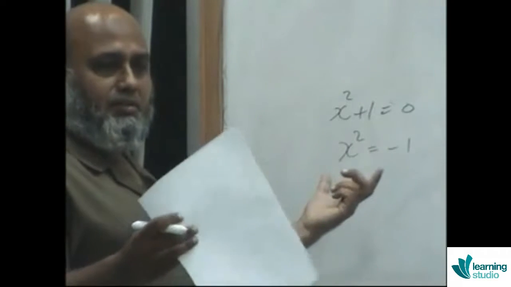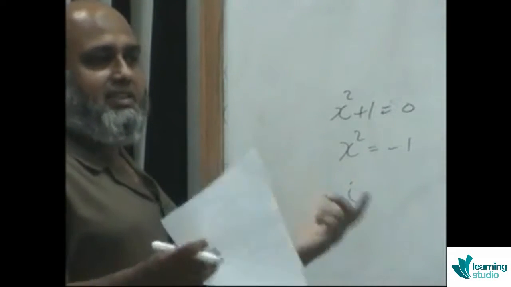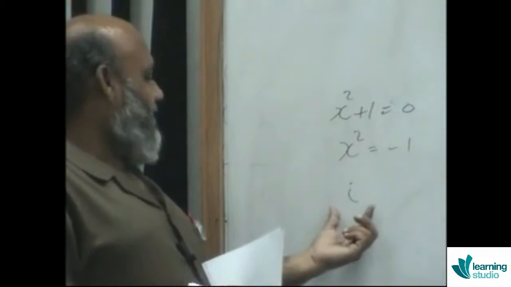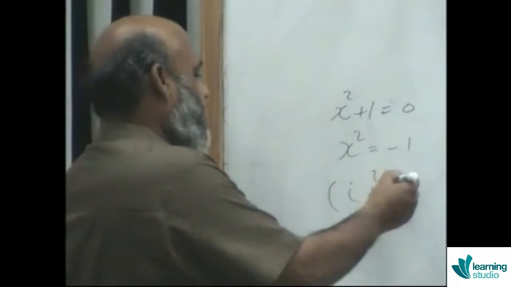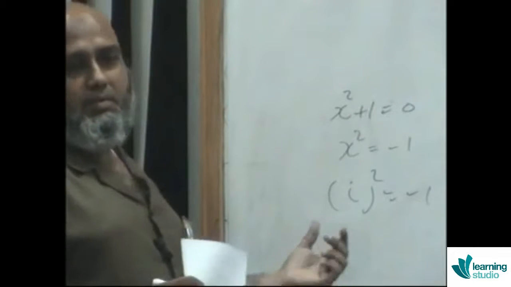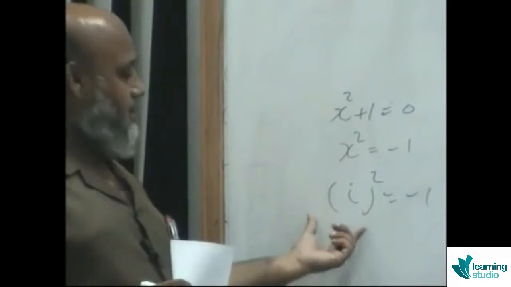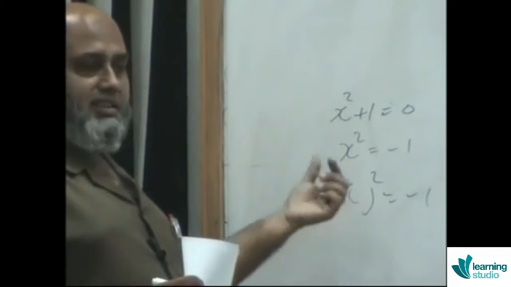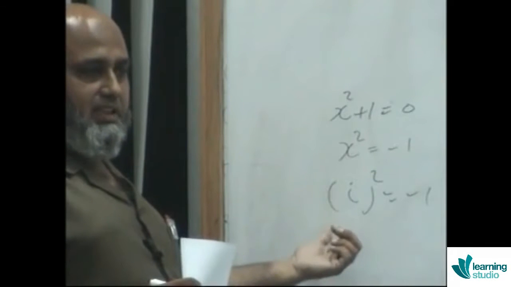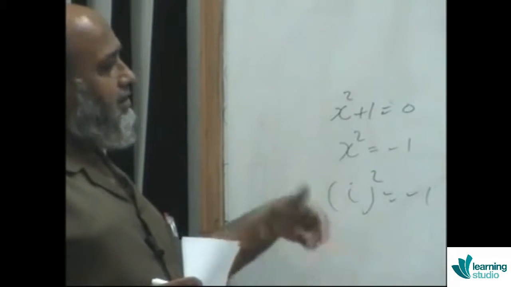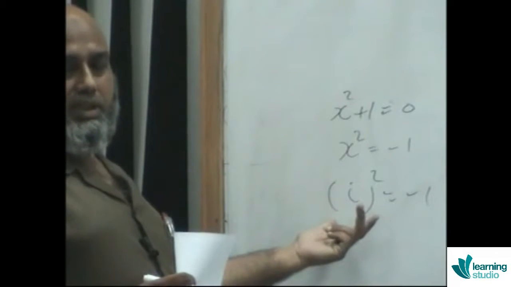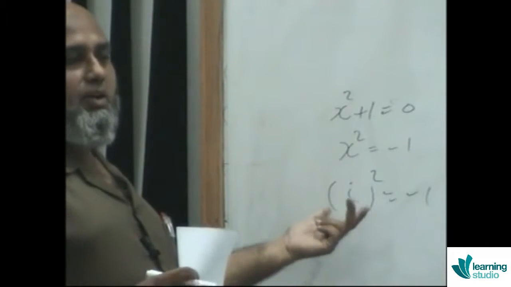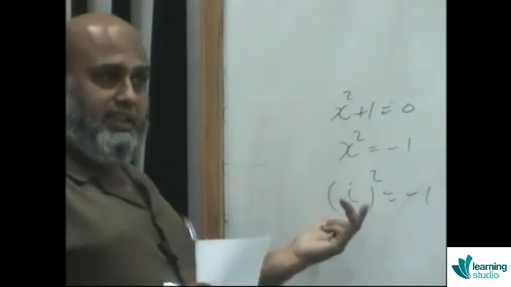There is a number, we cannot see it, but there is a certain number that whenever we square it, it gives us minus 1. So they came across a number known as the imaginary number, and then the theory developed after the invention of this iota, and how we can represent this number.